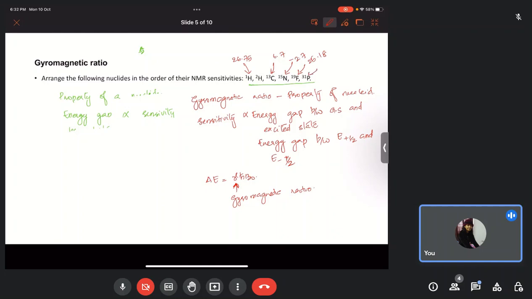For 31 phosphorus it is 10.83. All of these nuclei, proton, 13C, 15N, fluorine and 31 phosphorus, are spin half nuclei, whereas 2H, deuterium, is a spin 1 nucleus and its gyromagnetic ratio is 4.1. These are multiplied by 10 to the power 7 and the units are radian per second per Tesla.